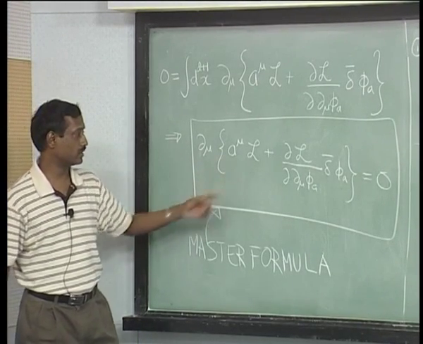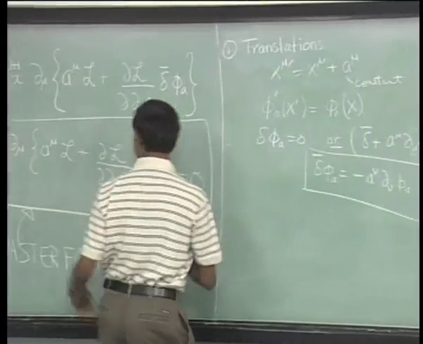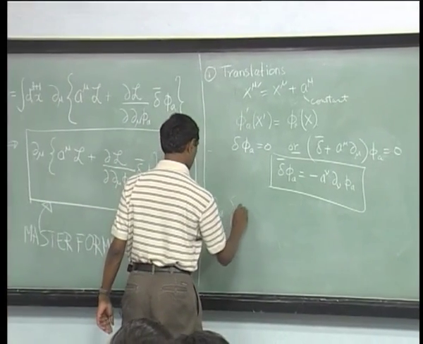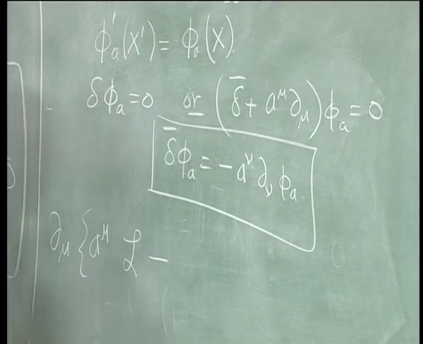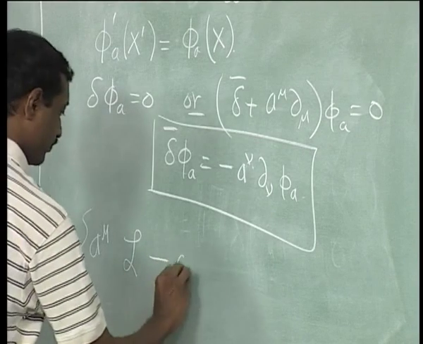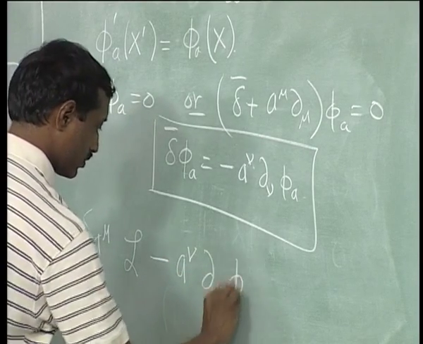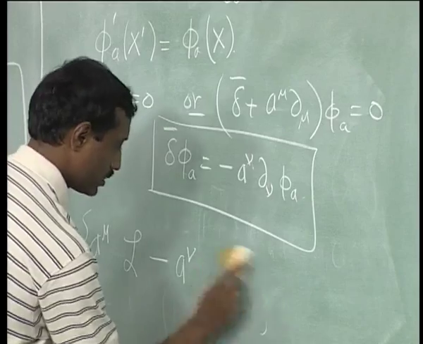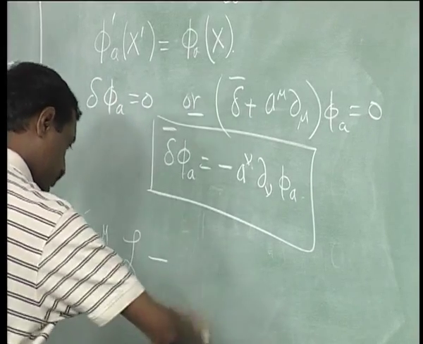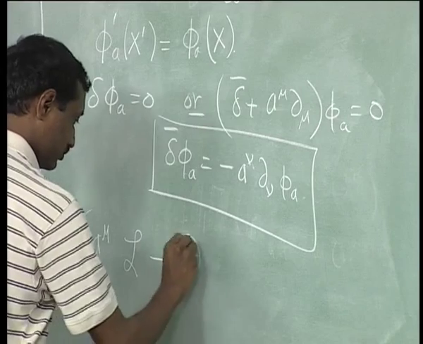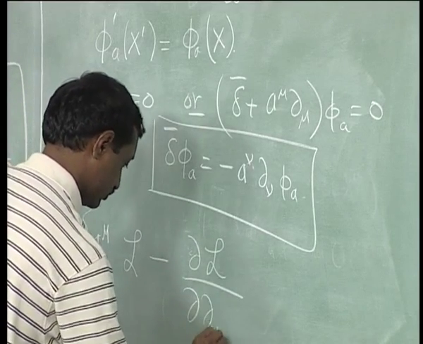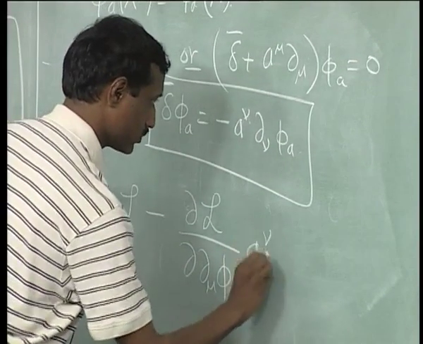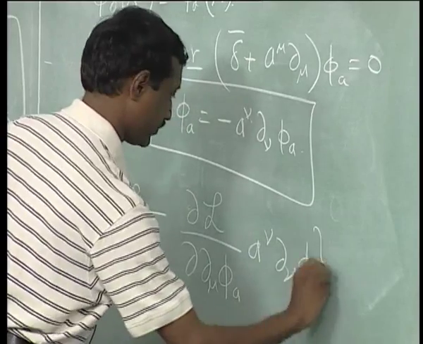So, we plug this into the master formula, and what do we get? We get d mu of a mu L minus times delta bar phi a, with the minus sign here, so I can just pull this out.